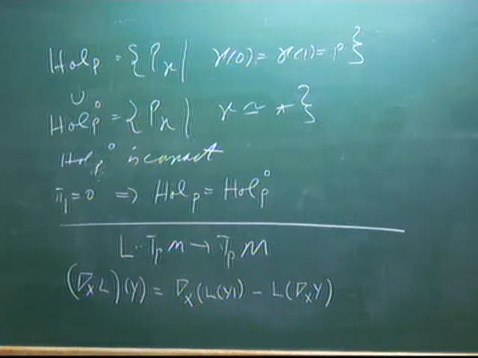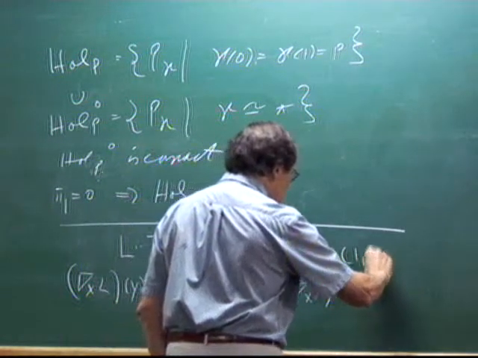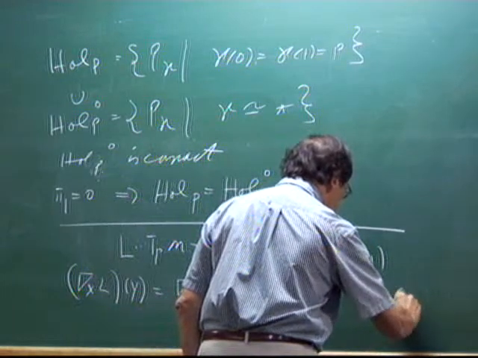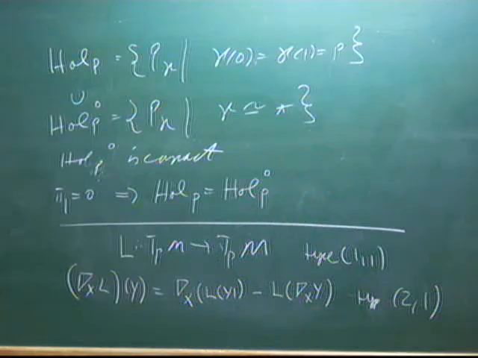So this here is type 1, 1, and this here is type 2, 1. The extra argument is just the direction in which I differentiate. Now you have to convince yourself it's a tensor again, so linear over functions. That's how I would define the covariant derivative of a tensor.